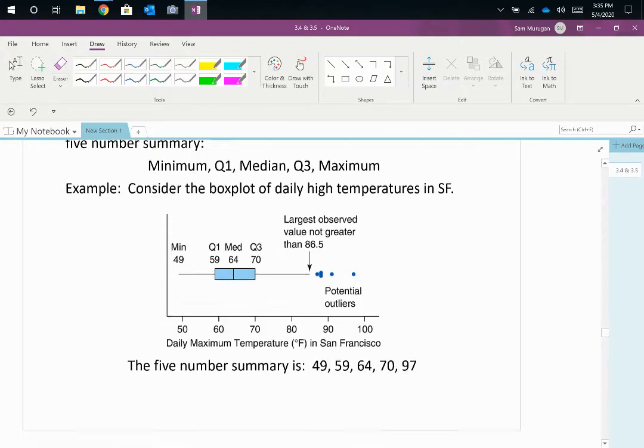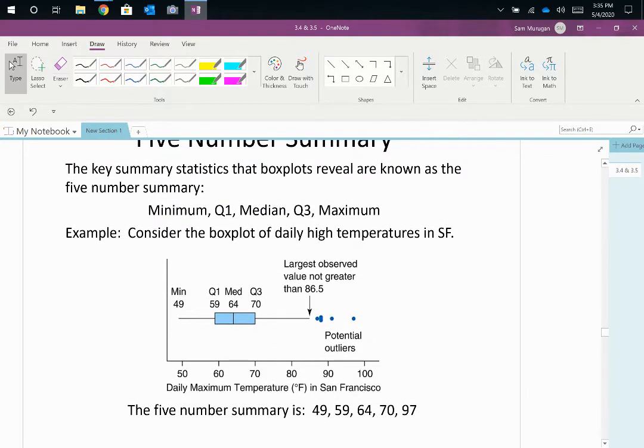So to summarize this section, the key summary statistics for a box plot are the minimum, quartile 1, the median, quartile 3, and the maximum. Now remember the IQR.